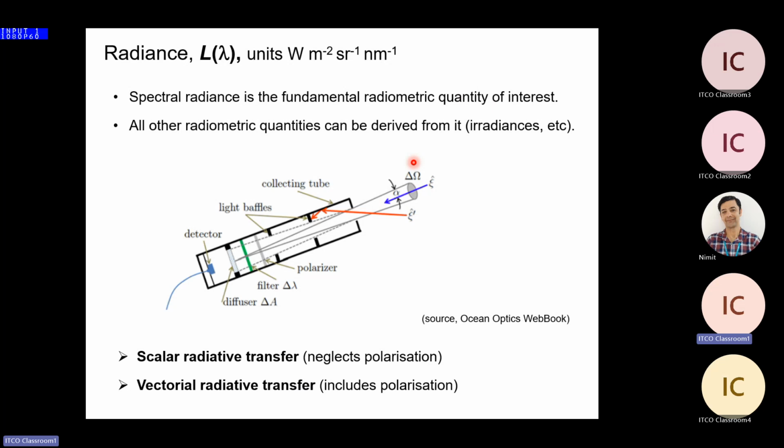David already kind of gave away the answer there, because it does just make a small difference sometimes. Hydrolite is only a scalar radiative transfer model at the moment. Some other models can do vectorial radiative transfer, but pretty much everything in this talk is going to be about scalar radiative transfer. I won't mention polarization again. So we're just talking about a situation where the interactions don't involve polarization. I will return to this later.